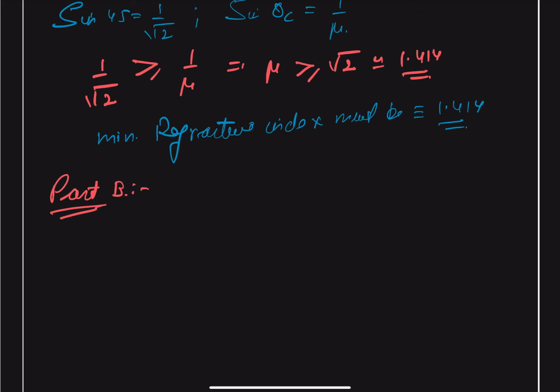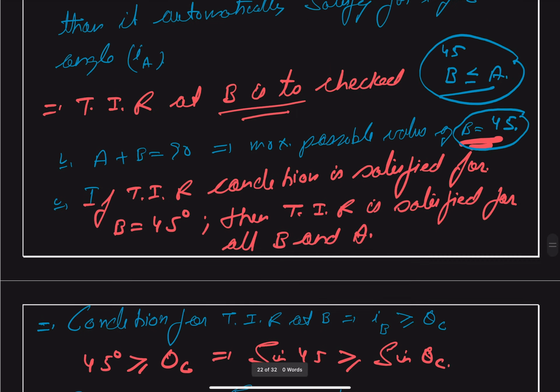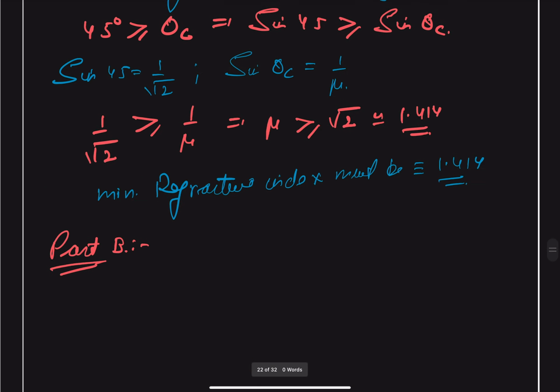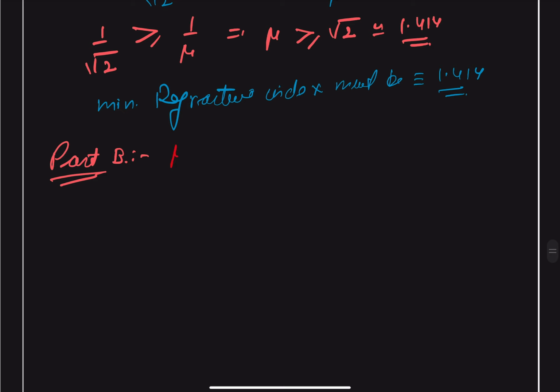In part B, we are given the refractive index as 5 by 3, which is close to 1.666, and we already wrote that the sine of the critical angle is equal to 1 upon the refractive index, sorry, it is mu.